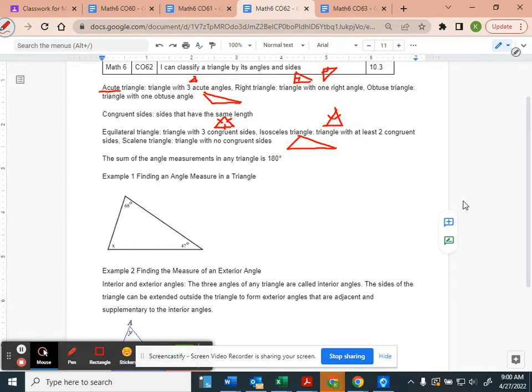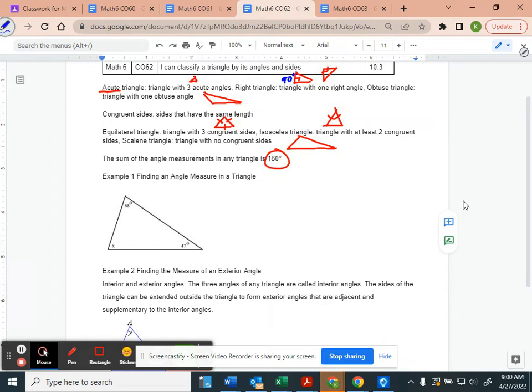The sum of the angle measurements in any triangle is 180 degrees. So here's a little hint for us. If we know that a right triangle has a right angle, we know that one of those angles is going to be 90 degrees.